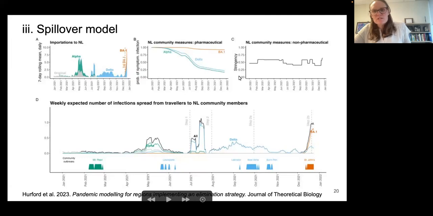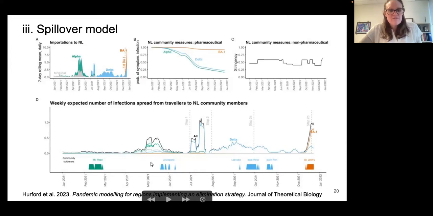And then also the community measures. Even if a traveler violates quarantine, if there are a lot of community non-pharmaceutical interventions, then community members are less likely to get infected. So non-pharmaceutical interventions are represented by a stringency index. All of those top three things go into a model that predicts the expected number of spillovers.